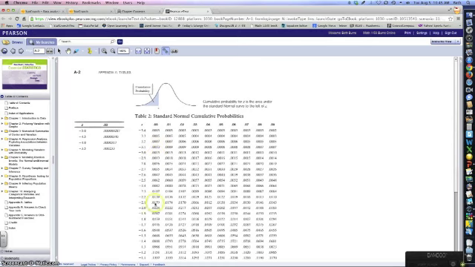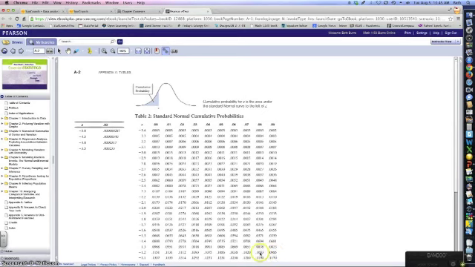So if I go down through this column, I'm at 0.09, and then I'm at 0.1151. So it's in between negative 1.3 and negative 1.2. Now we just come over here until you get between 0.1003 and 0.0985. So it's between this value and this value.